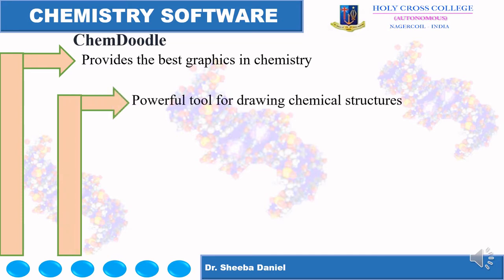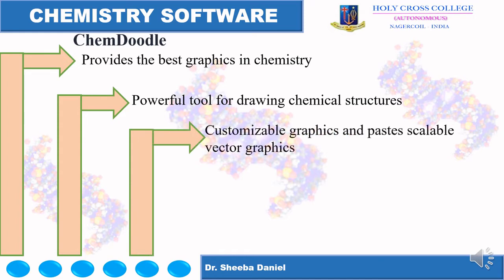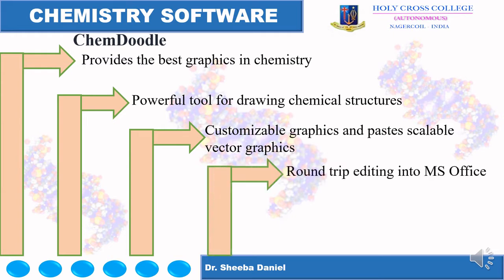And it is a powerful tool for drawing chemical structures. It provides customizable graphics and paste scalable vector graphics. It also provides round-trip editing into Microsoft Office. And it is applicable to all operating systems.